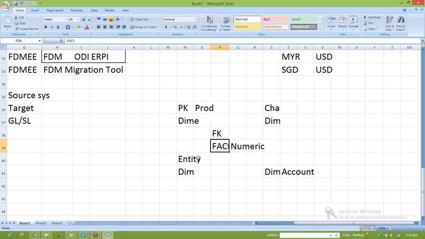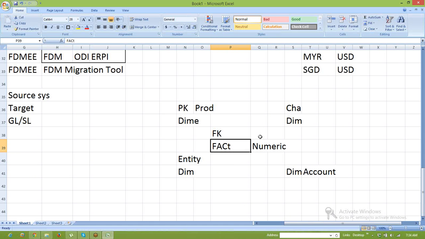These dimensions are always referring to this fact table, and this is having some numeric information, that is the sales amount.